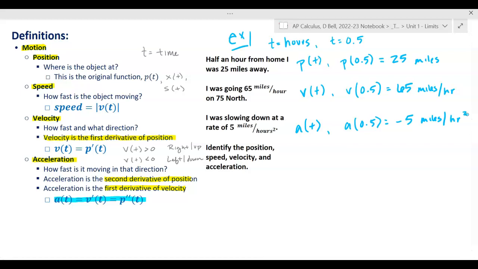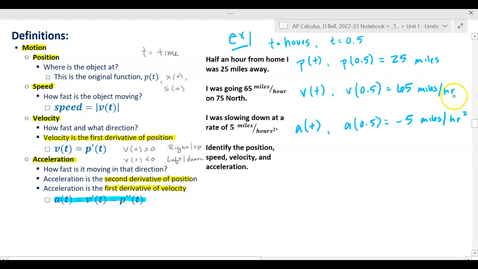Miles per hour squared because as we take a derivative or find the slope, the units of the input, the denominator, are always going to go up by 1. So we started with miles in our position function.